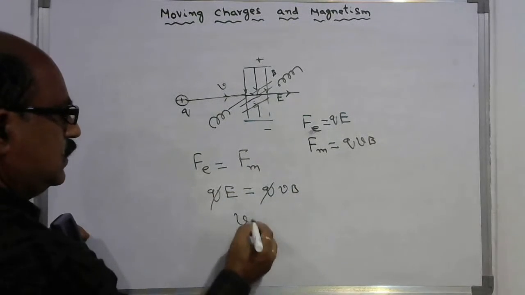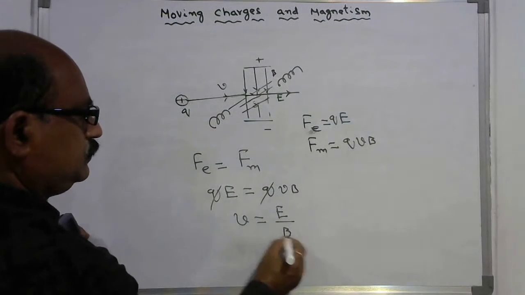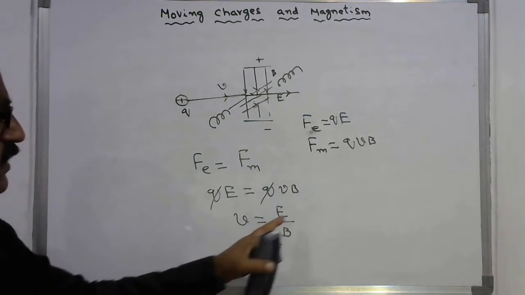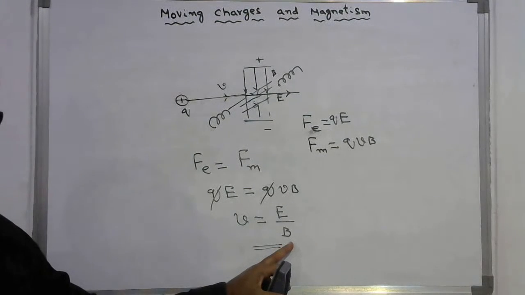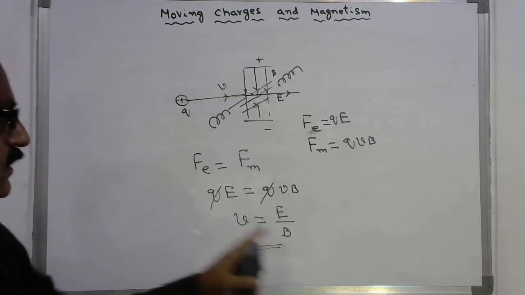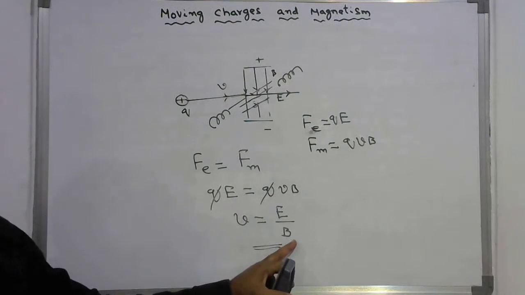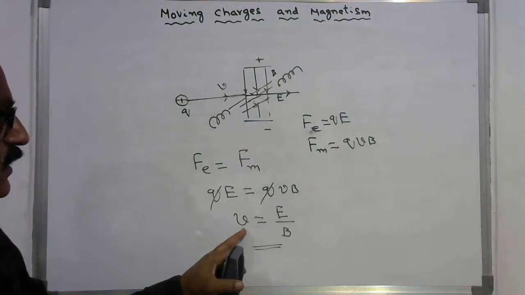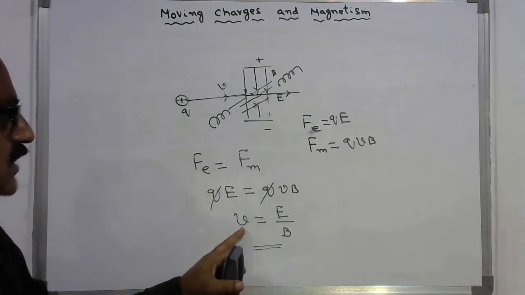So velocity is equal to E by B. So now the crossed electric and magnetic field will serve as velocity selector. See, velocity depends on electric field and magnetic field. This crossed electric and magnetic field will serve as velocity selector.